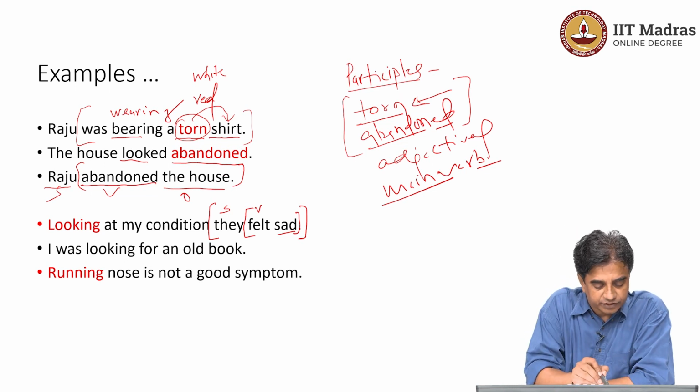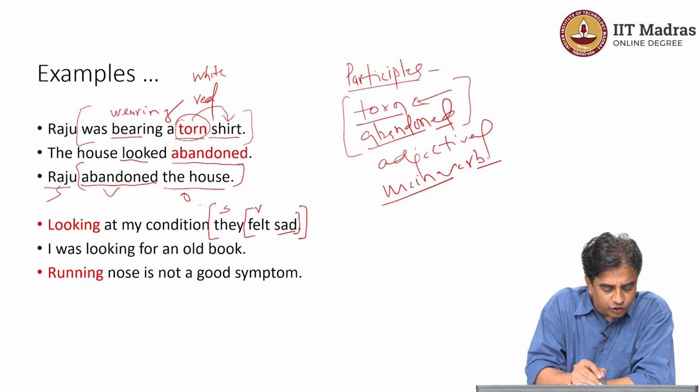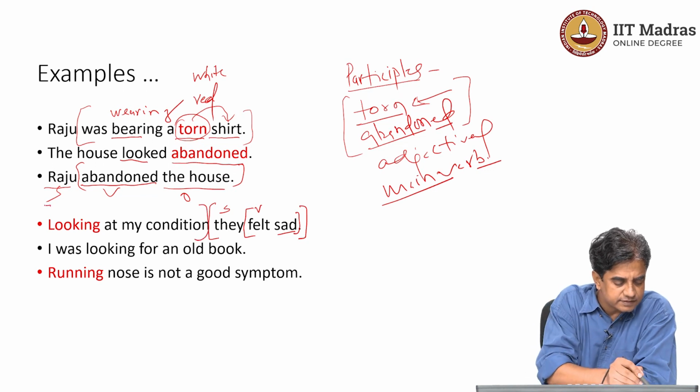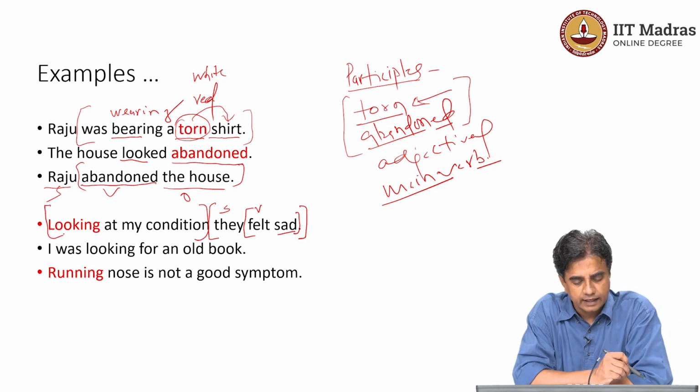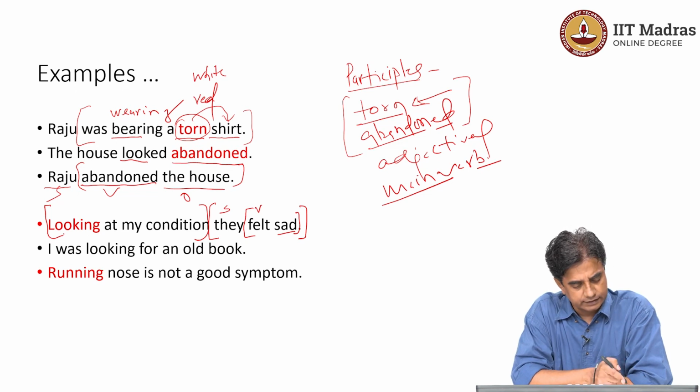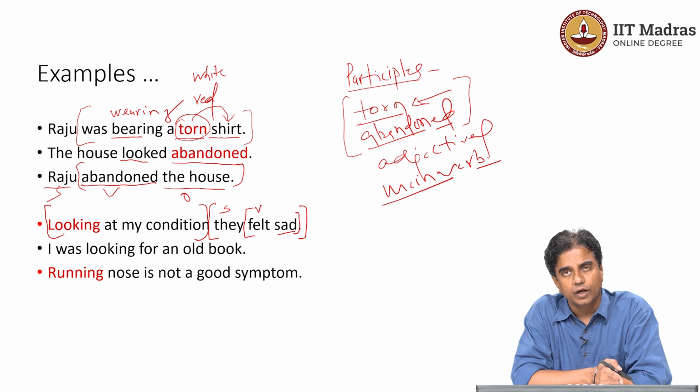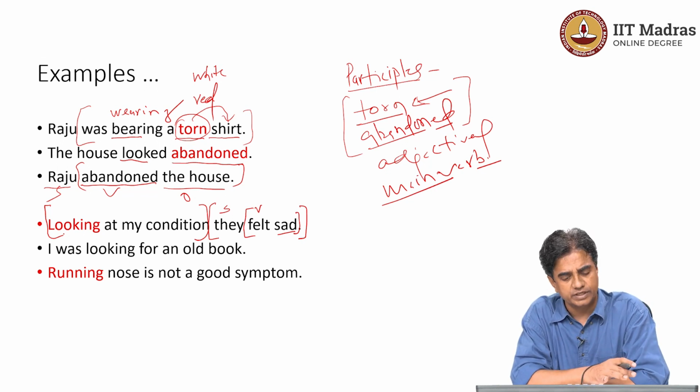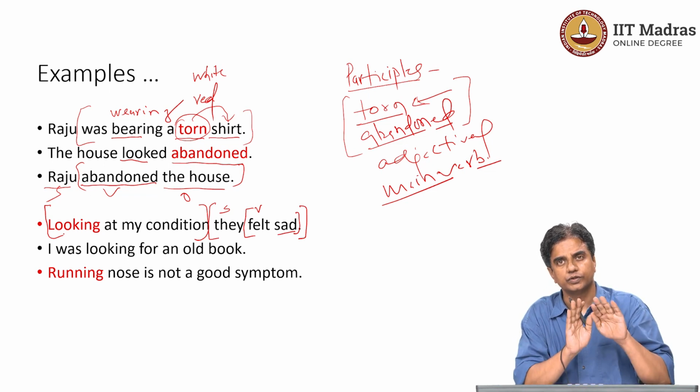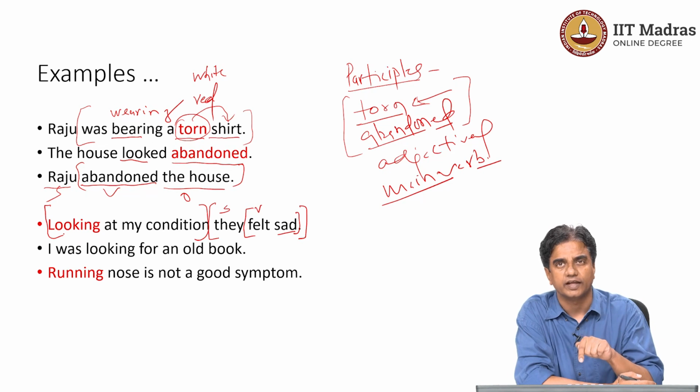Looking at my condition, this is a clause, and this is a modifier clause which has a very different function. It has elements in it, but it has a very different function. It is modifying something, and I want you to find out what it is modifying.